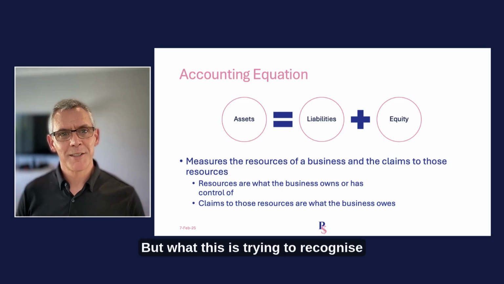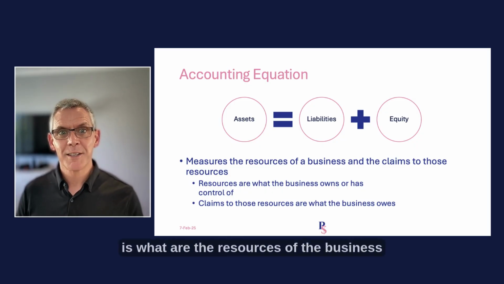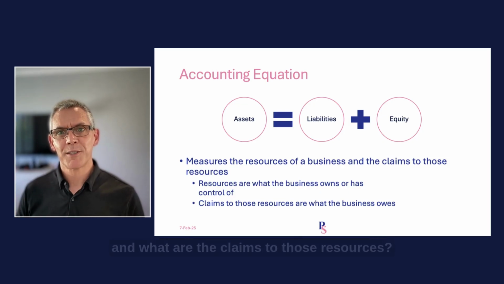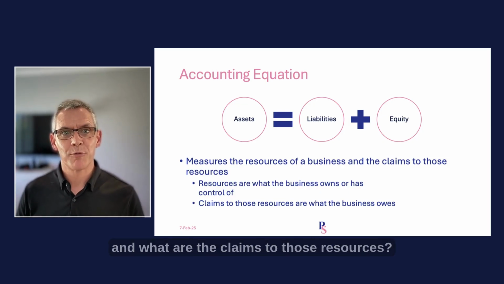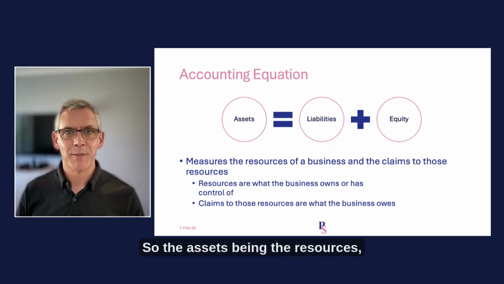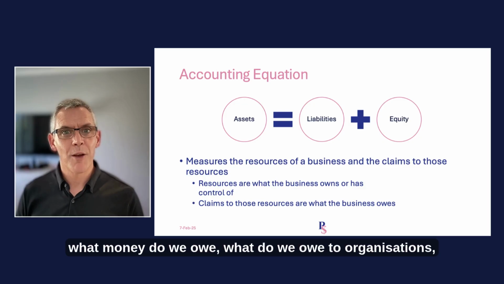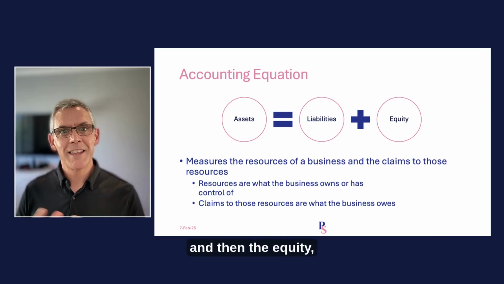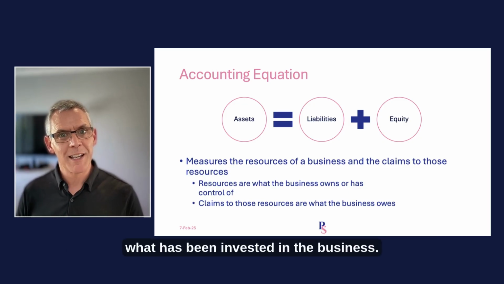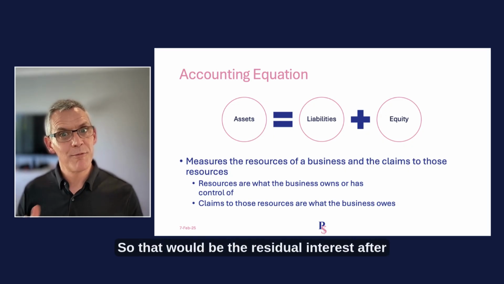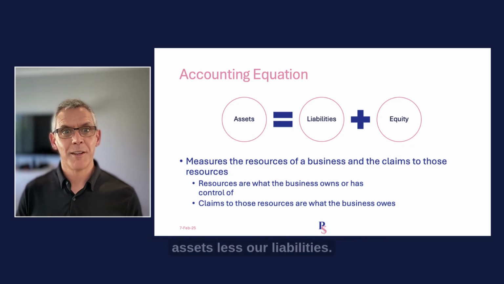But what this is trying to recognize is what are the resources of the business and what are the claims to those resources. So the assets being the resources, liabilities, what do we owe to other organizations, and then the equity, what has been invested in the business. So that would be the residual interest after our assets less our liabilities.